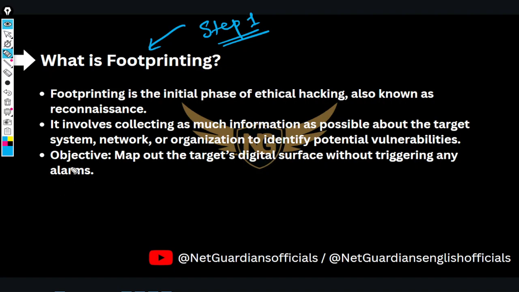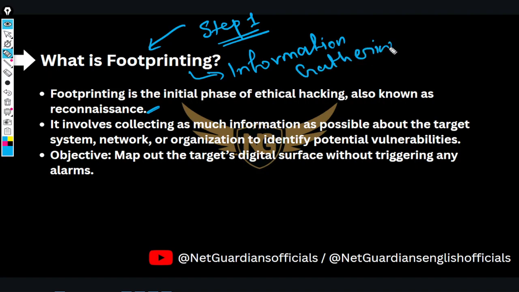Footprinting is the initial phase of ethical hacking, also known as reconnaissance. Basically, footprinting and reconnaissance is information gathering, which means gathering information about your target on a larger scale.